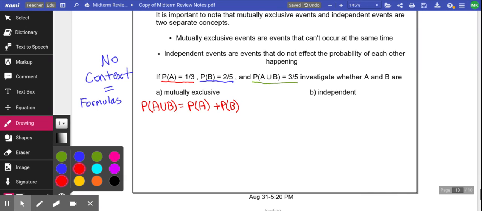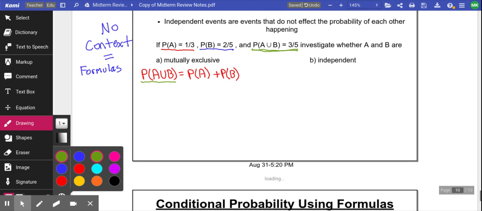Let's plug our numbers into our formula. So probability of A or B is 3 out of 5. Equals the probability of A is 1/3 plus the probability of B, which is 2/5.